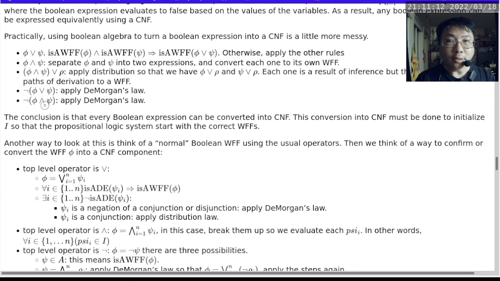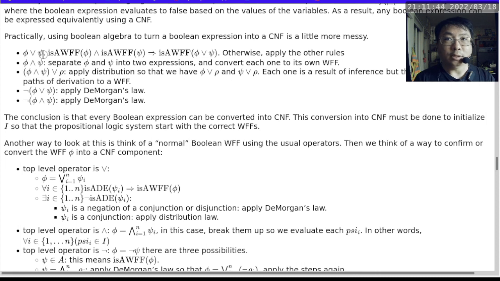What about the second one? The second one is when we have a negation on top of a conjunction. So after you apply De Morgan's law, this one turns into not phi or not psi. So it's going to fit into the pattern of the first one, but then you have a negation of something and you have a negation of something. So you'll have to look into not phi itself and see if you can apply De Morgan's law again to not phi, and then look into not psi and see if you can apply De Morgan's law to not psi.